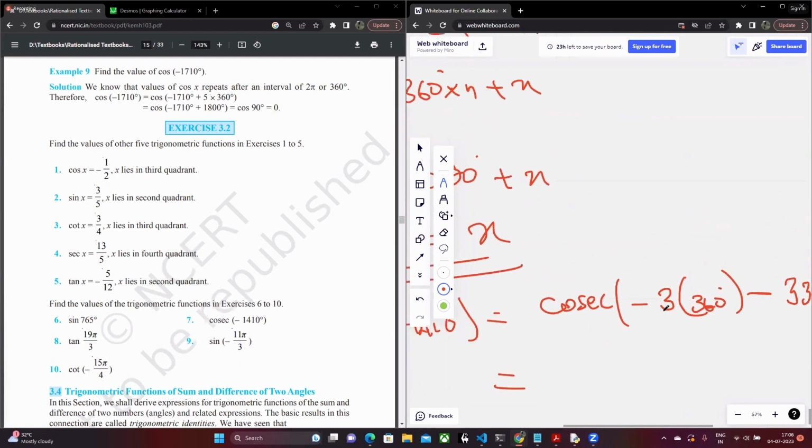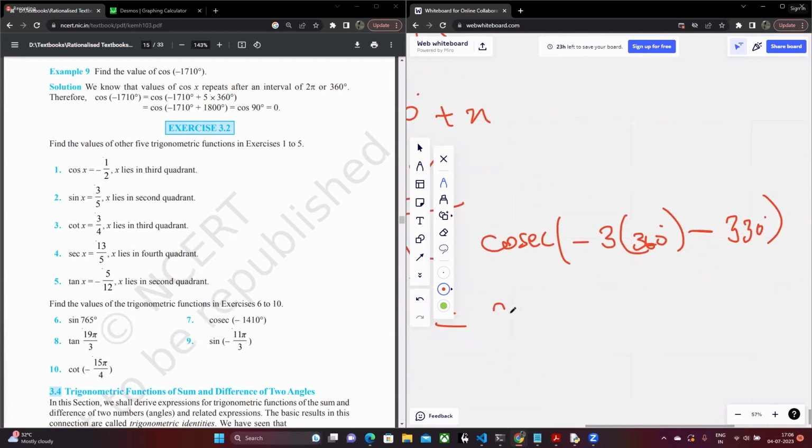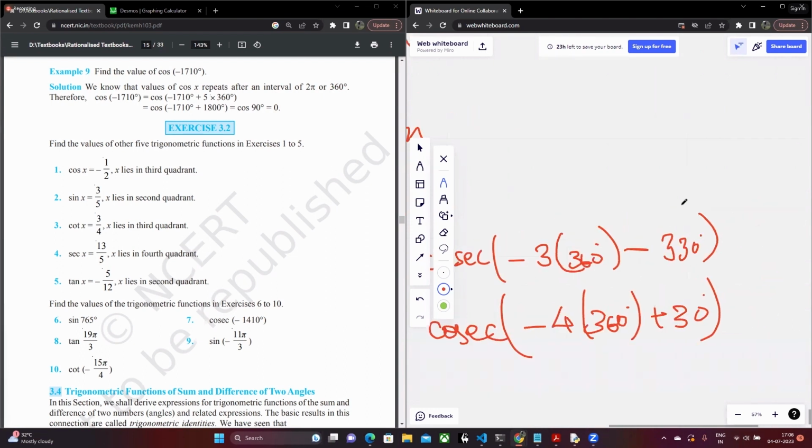Or you can write this as cosecant of minus 4 into 360 degrees plus 30 degrees, right? Inside over here, I've just subtracted and added 360. The subtracted 360 goes over here, and this I'll add 360.